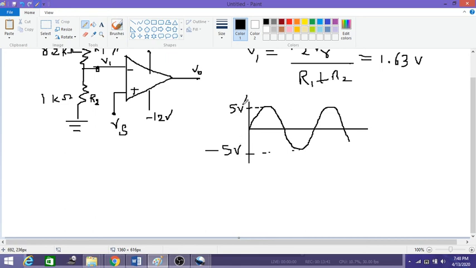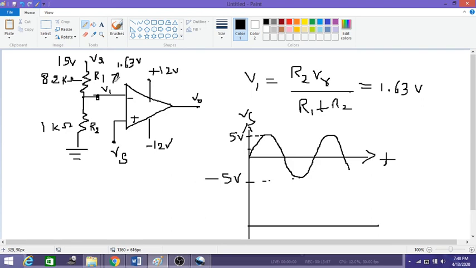So this is my Vs, which is the input. Now if this is my input, then what is my output waveform? I know the reference voltage at this point is 1.6 volts.